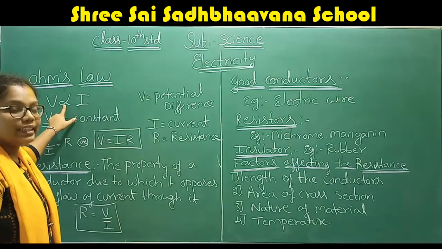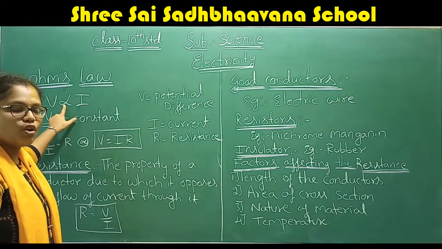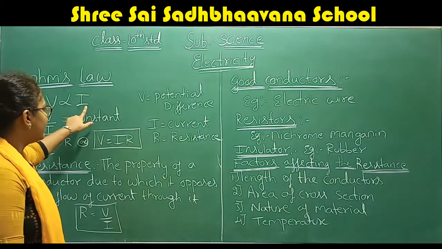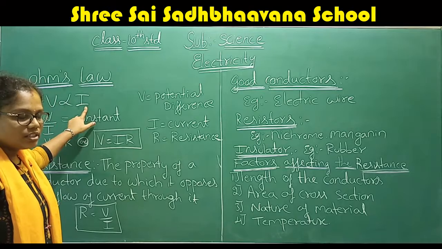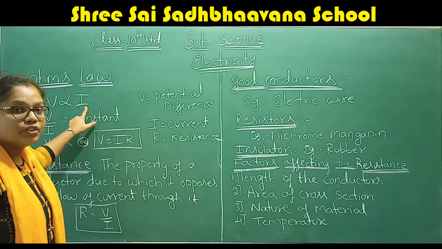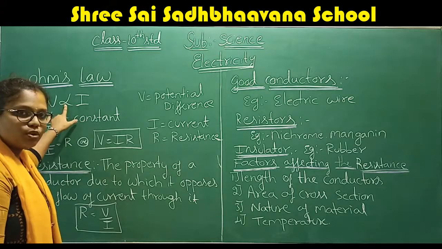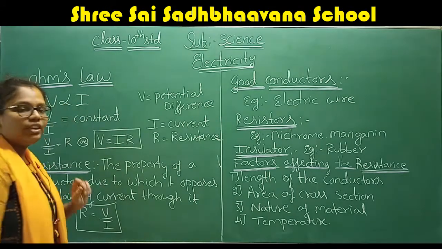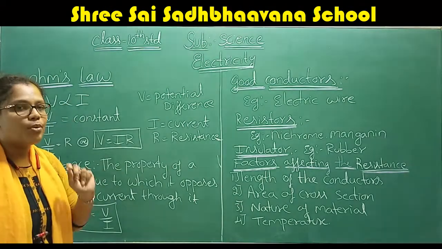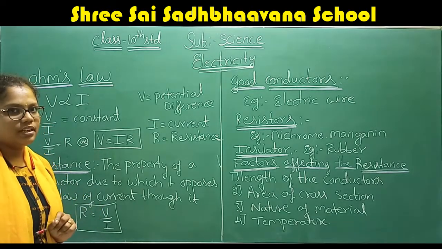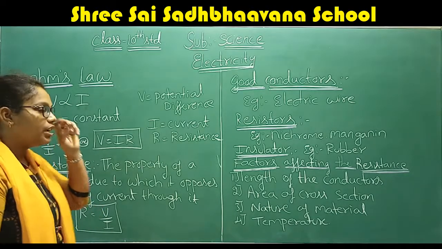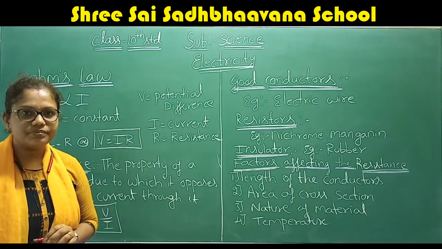The flow of the current in the conductor, at constant temperature, is always directly proportional to, what does V indicate? V is the potential difference. Therefore, what is the definition of Ohm's law?